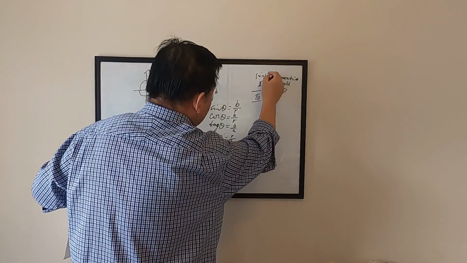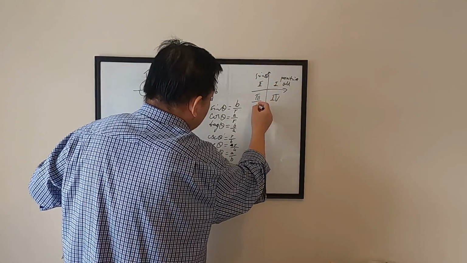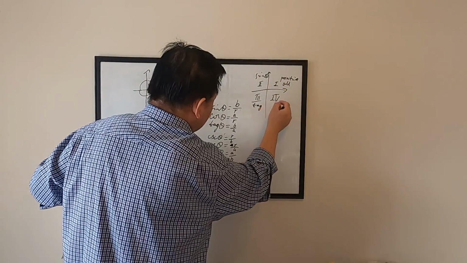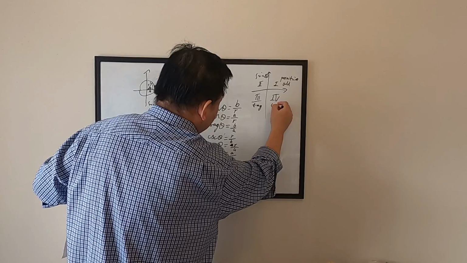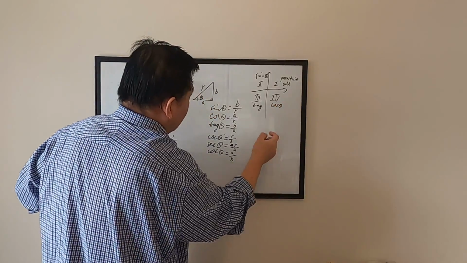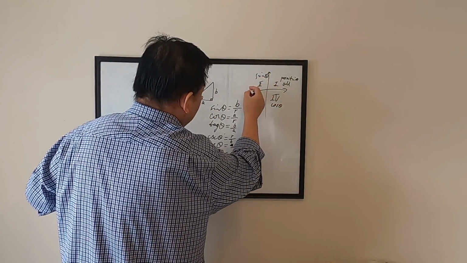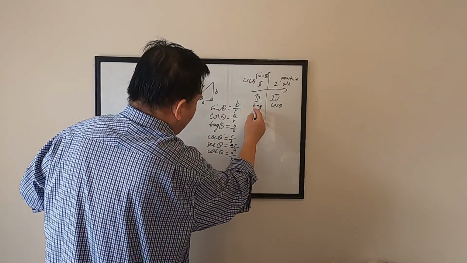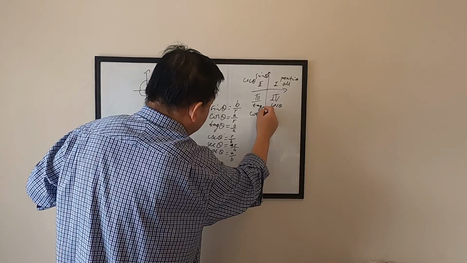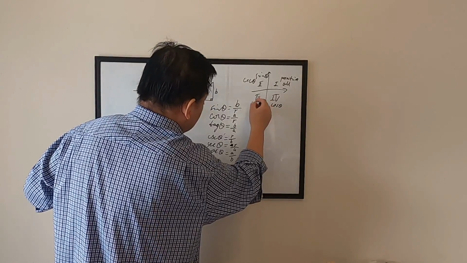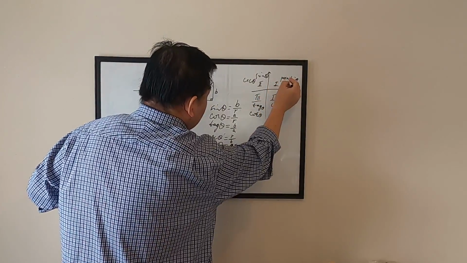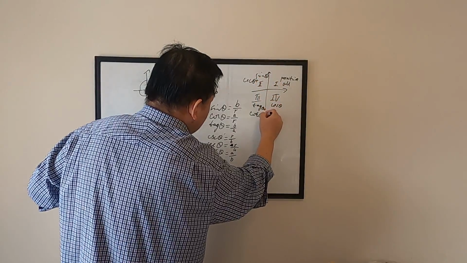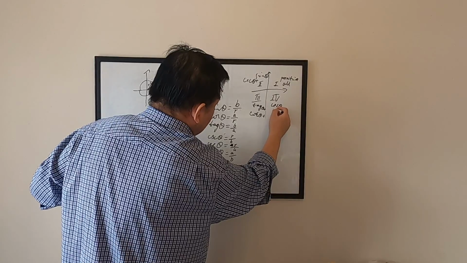And this one is tangent. And this one is cosine. Sin also cosecant, tangent, cotangent. This is positive. This is secant.